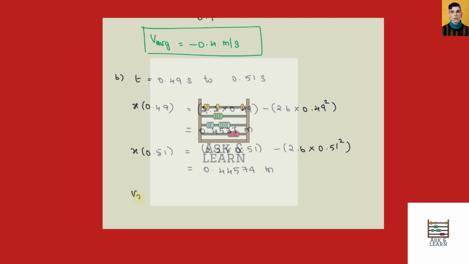Now let's find the average velocity for this case. The final position minus initial position, this is 0.44574 minus 0.4537 divided by the final time minus initial time, 0.51 minus 0.49.